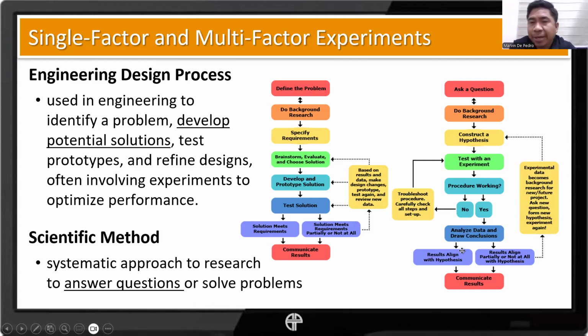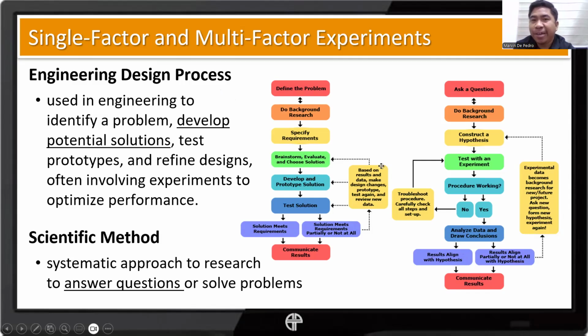Sometimes, at this point, when we brainstorm, evaluate, and choose a solution during our engineering design process, we can only get through once we perform the scientific method, because there are questions that might need experimentation also.